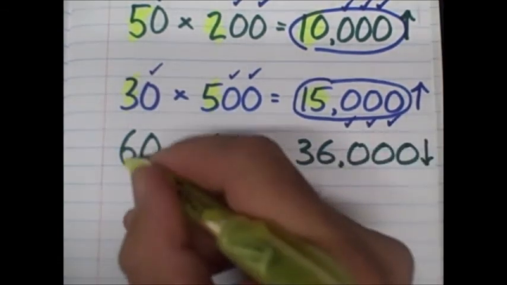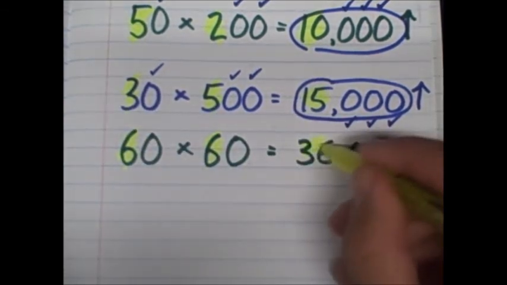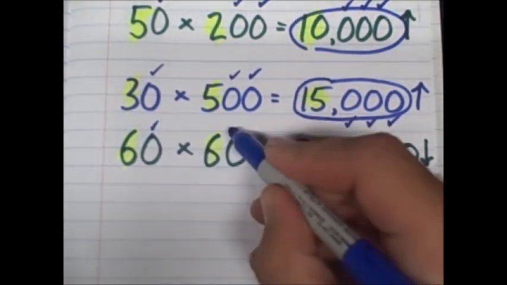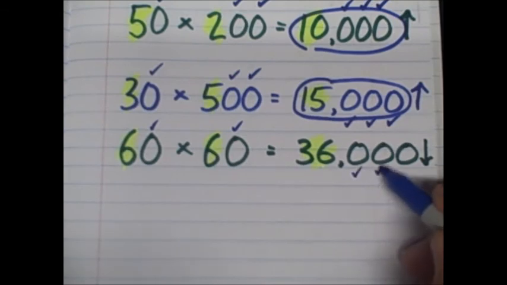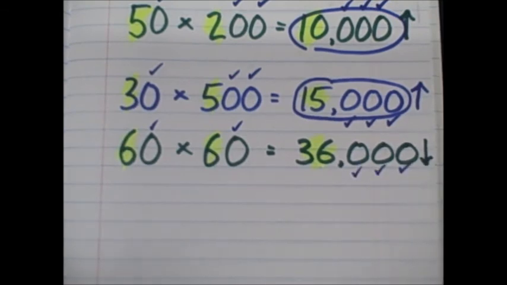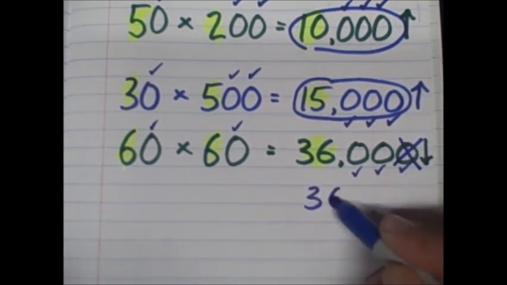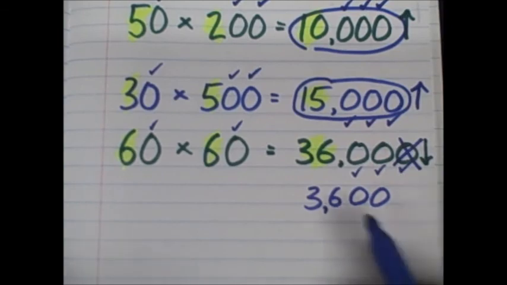It is incorrect because your basic fact is 6 times 6 equals 36. On the left, we have 1, 2 zeros. On the right, we have 1, 2, 3 zeros. We have 1 zero too many, adjusting our answer to 3,600.